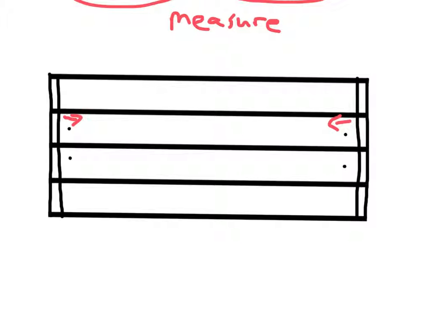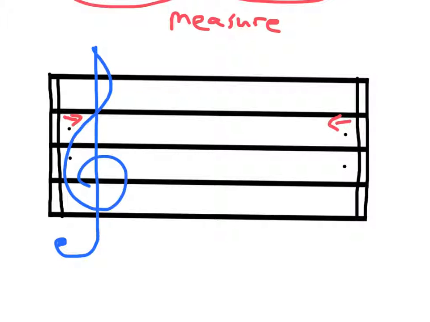Now let's talk about solfege while we're on this staff right here. I'm going to draw a treble clef, and then I am going to draw a series of notes. Let's say these notes here. The question on the final may be worded as such.